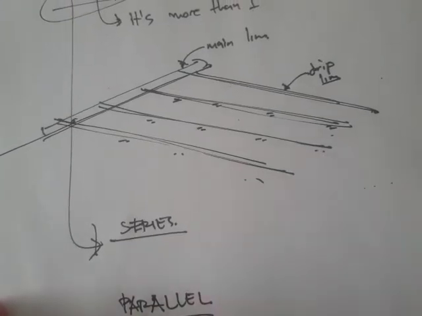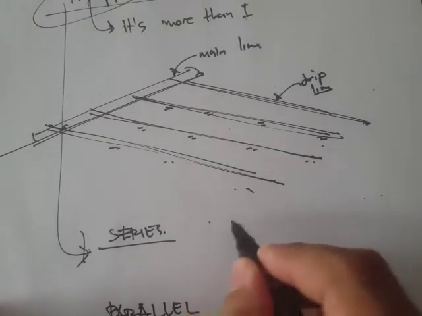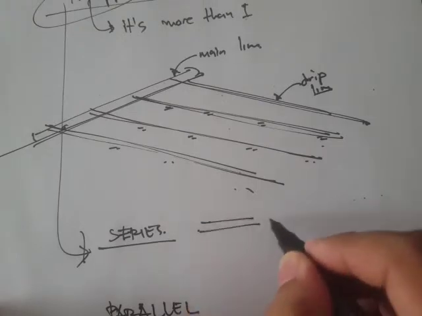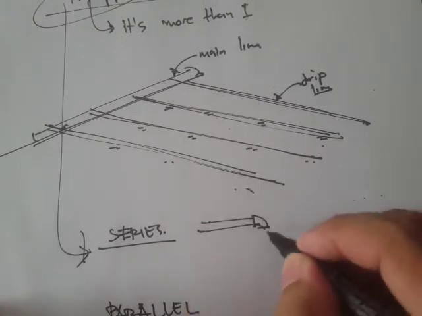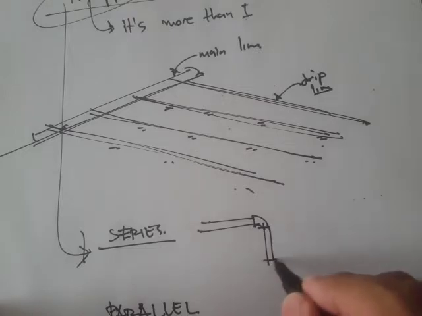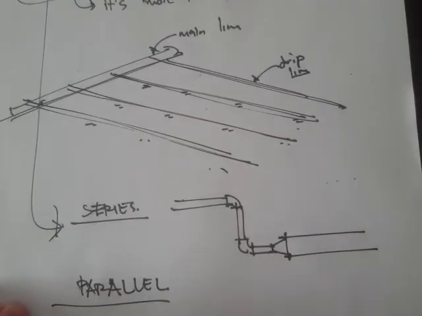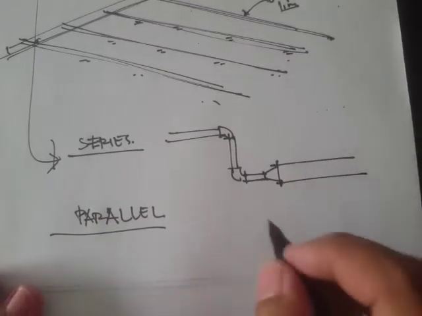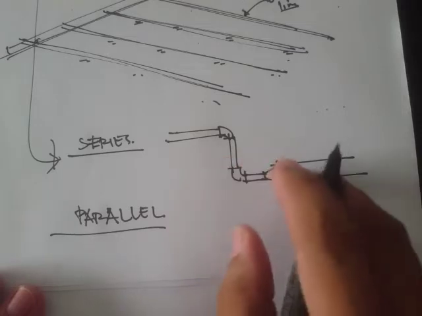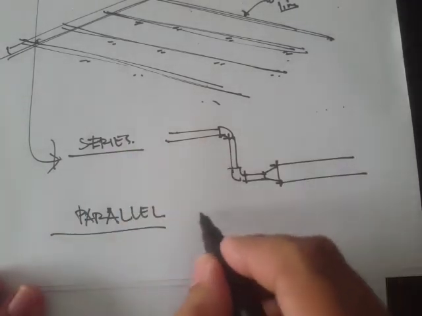For the series, for example, we have a small pipe, then let's say we have some bends right here, and then we have an enlarged pipe. So from a smaller pipe, it is connected to a larger pipe. Okay, so that's one example of this series connection.